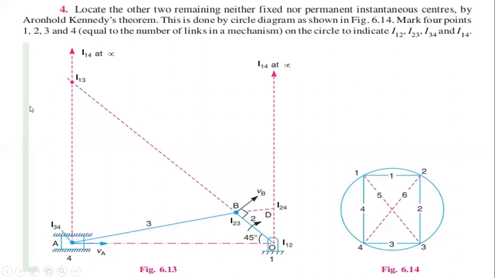Therefore we got I13 and I24 instantaneous centers. Then locate the other two remaining, which are neither fixed nor permanent. We have already got the fixed and permanent instantaneous centers by Kennedy's theorem, and this is done by the circle diagram, marking 4 points in this diagram. We are going to take this procedure as simple.